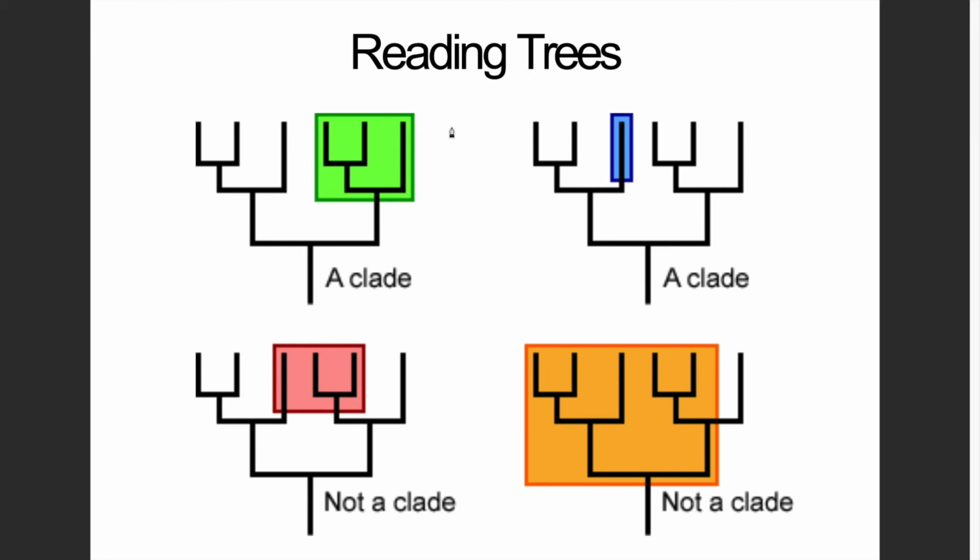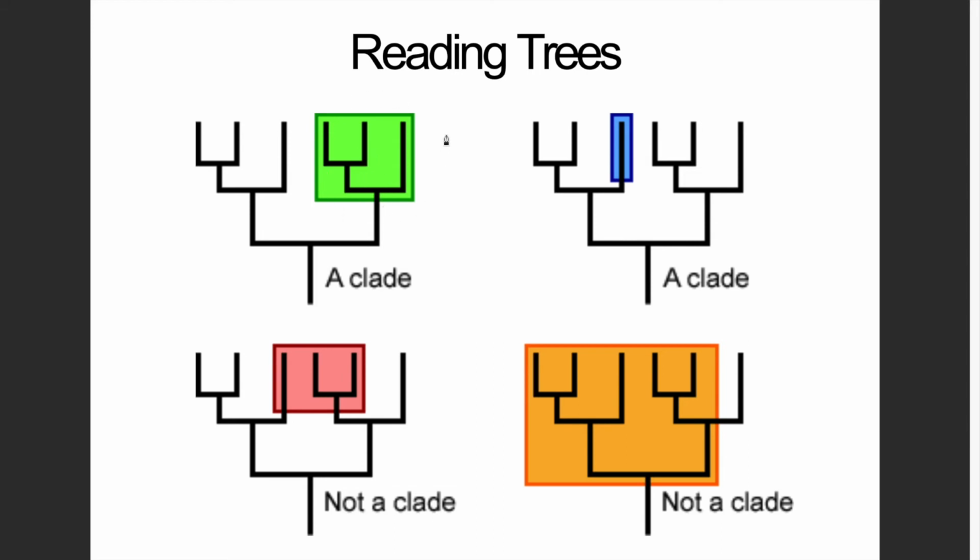So how to consider which is a clade and which is not a clade? As you know, a clade is a grouping that should include a common ancestor and all of its descendants, both living and extinct. So as you can see here, this is a clade because it includes the extant members and the dead members, your extinct members, of this group.